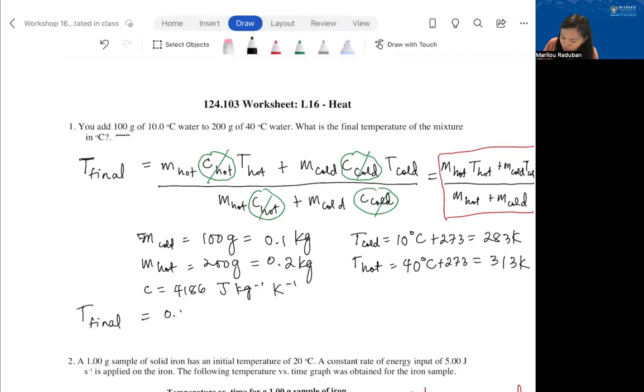So 0.2 times 313, and the whole thing is added to 0.1 times 283, divided by the mass of the cold one, 0.1, plus 0.2.